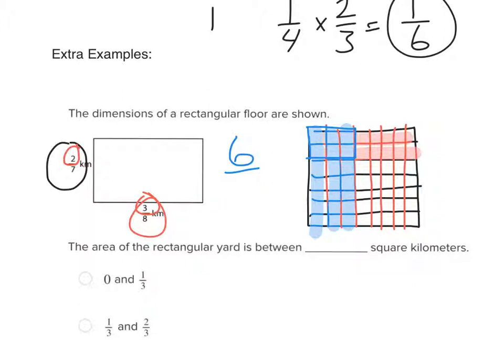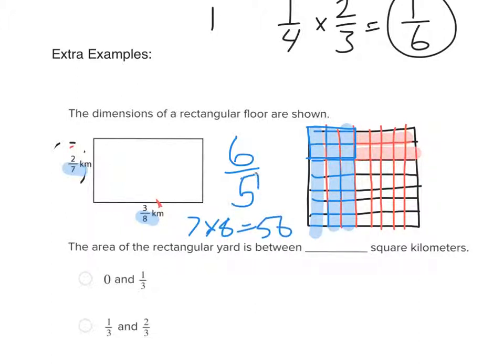Looks like 6 are shaded in twice out of how many total? Now the fast way to count up the total number of squares is just to multiply the denominators. Okay, so I'm going to multiply 7 and 8 because one way I divided 7, the other way I divided 8, and 7 times 8 equals 56. So 6 out of 56 is the area of this rectangle.